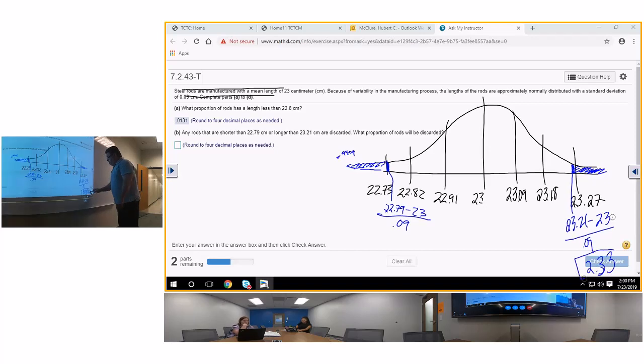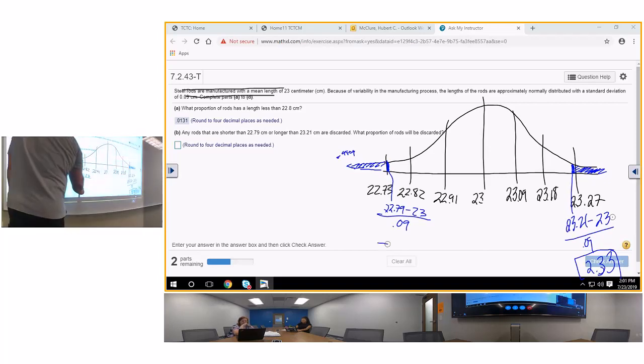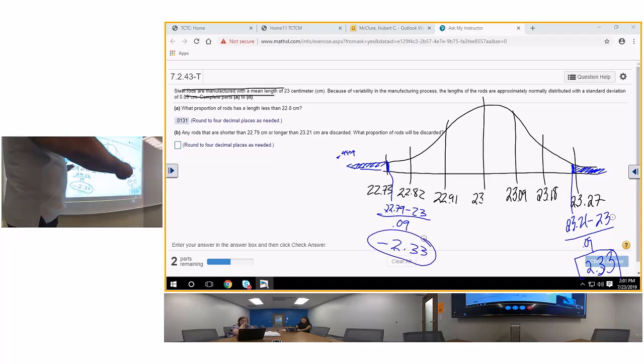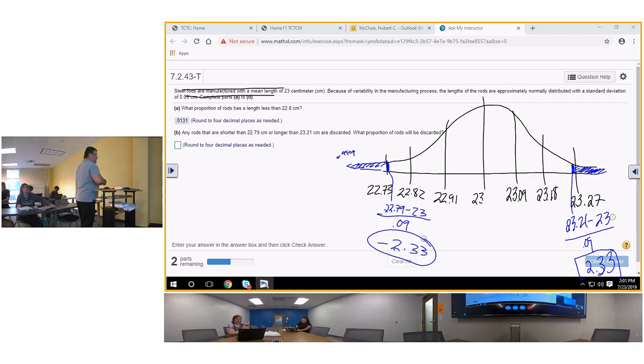But it's symmetrical, isn't it? So you're going to find these two areas and multiply them by 2 probably. What's this one down here? Negative 2.33. These z-scores are identical. That means this is symmetric. This area is going to be the same as that area, so it doesn't matter which one you do. So somebody do negative 9999 to negative 2.33. Does it say and or or?